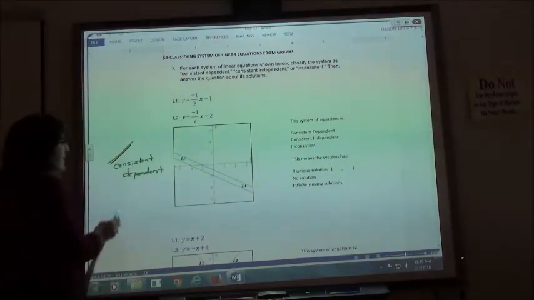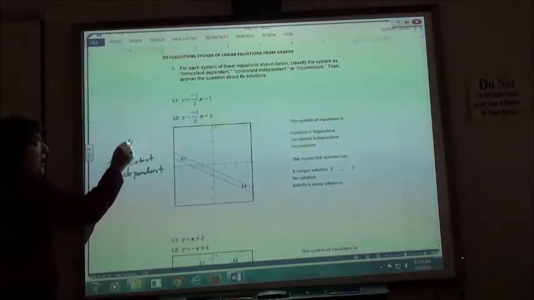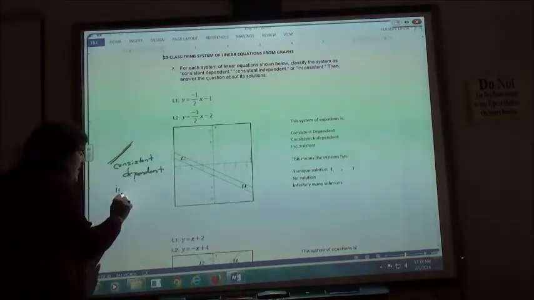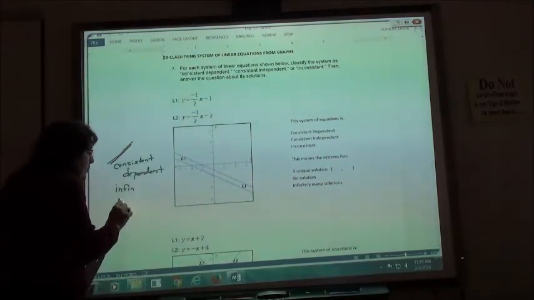And what happens is every single point on the line is a solution to both of my equations because they're really the exact same line. So they're going to say that there's infinitely many solutions.